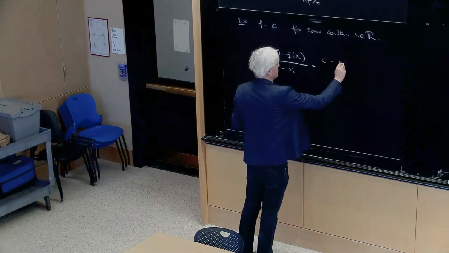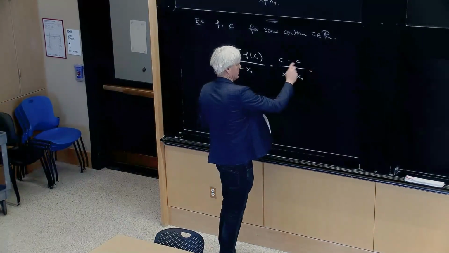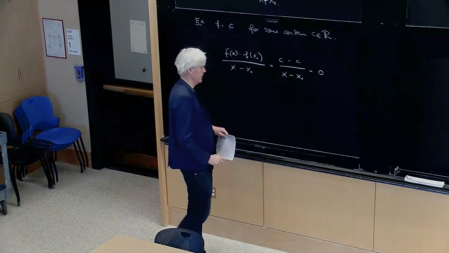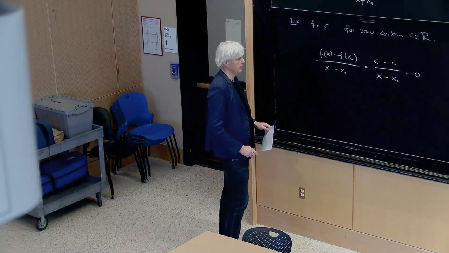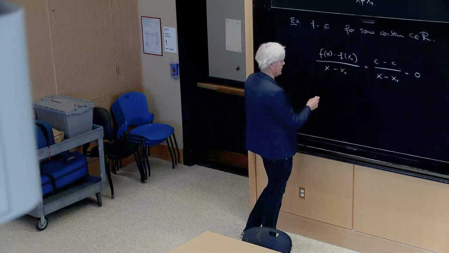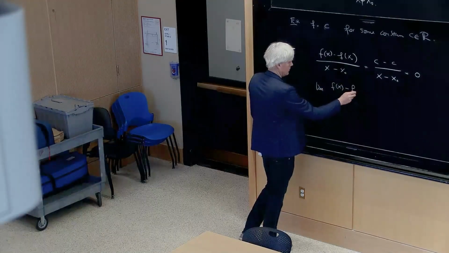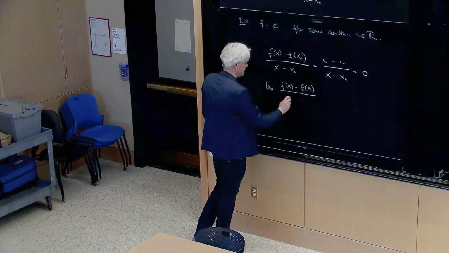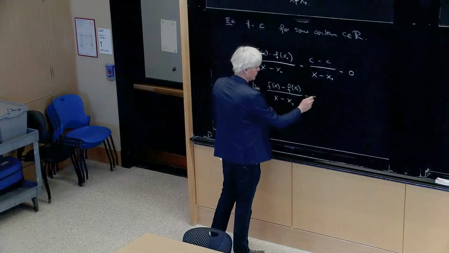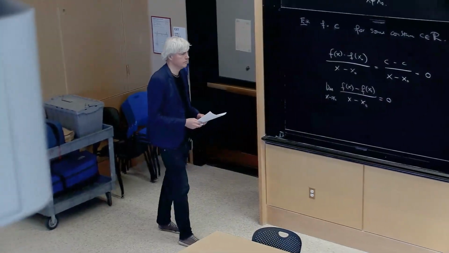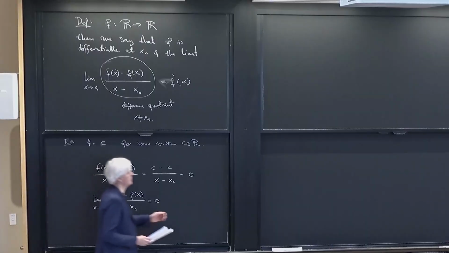So this here is c minus c divided by x minus x0. And so the numerator is 0, so this whole thing is 0. This is 0 for each x, and also each x0. So in particular, of course, the limit of the difference quotient exists, and it's equal to 0, right? Because it's 0 for all x, for a given x0. So that would be the simplest possible example.